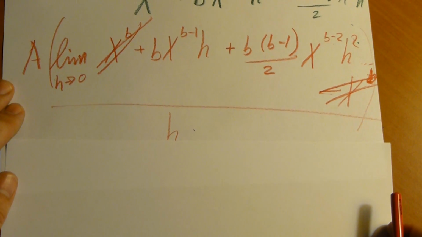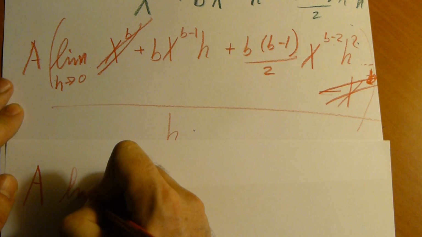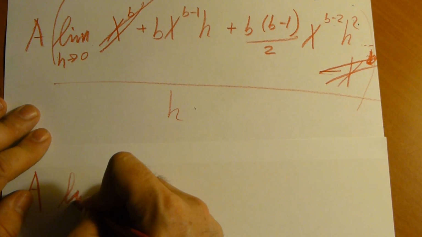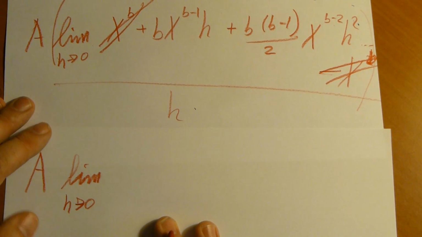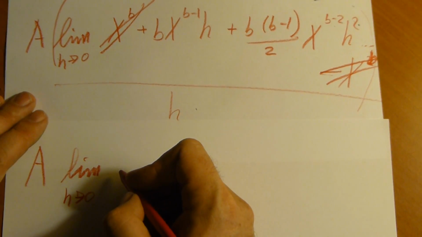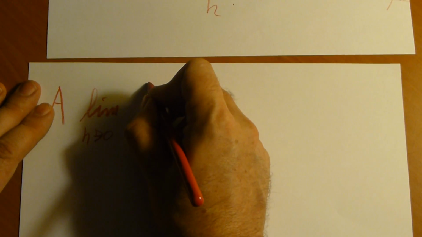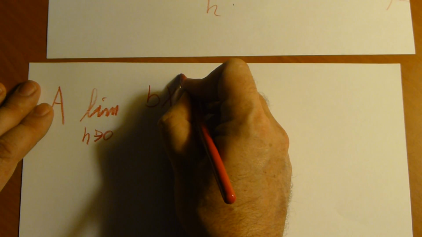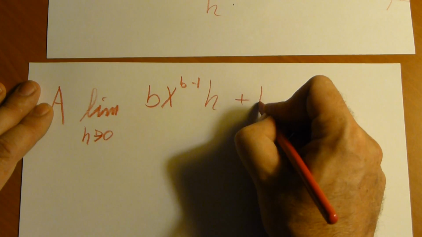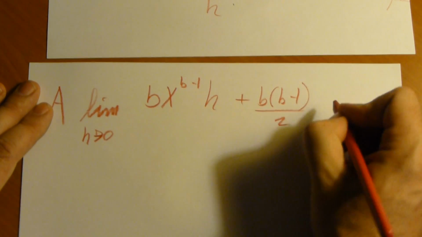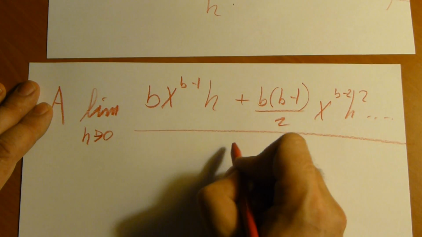Okay, so we have a times our limit as h goes to 0. What we have left is b x to the b minus 1 times h plus b choose 2 x to the b minus 2 h squared and higher terms, all over h.